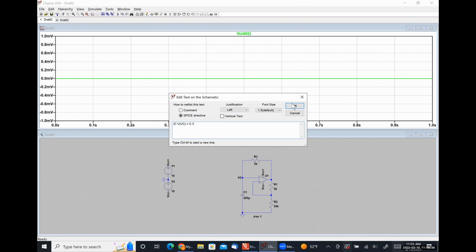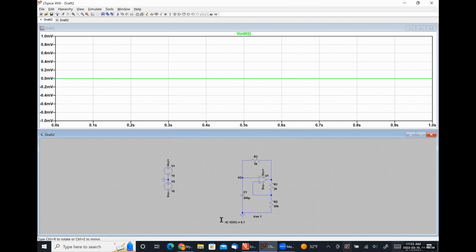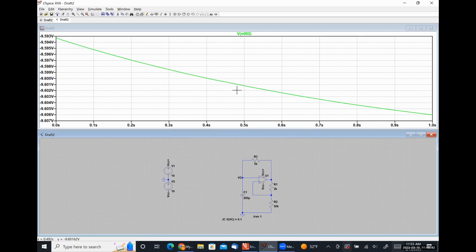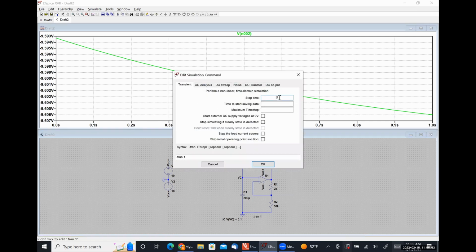That probably is more than it needs to be, but that'll be okay. All right, so we need to run this thing for longer because it is changing. So this is what happens when I let you guys pick stuff and I have no idea what the frequency is going to be. Let's run this for 60 seconds.